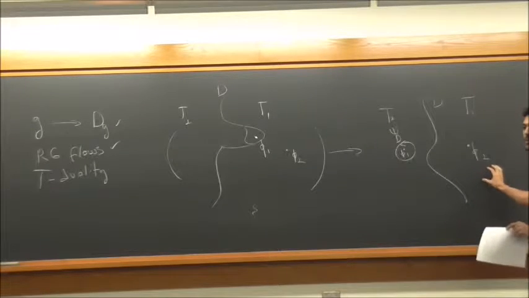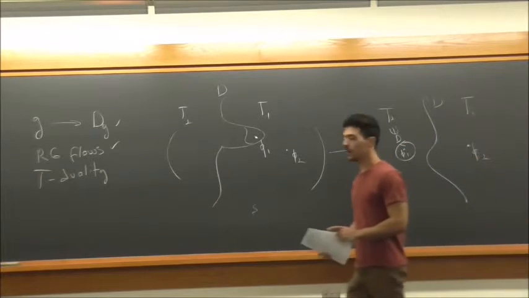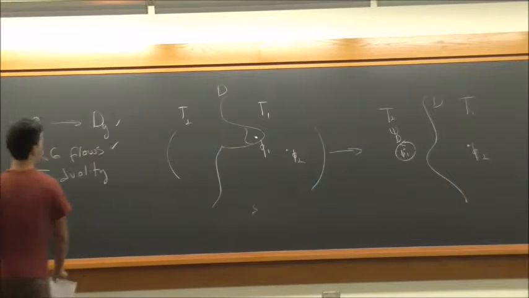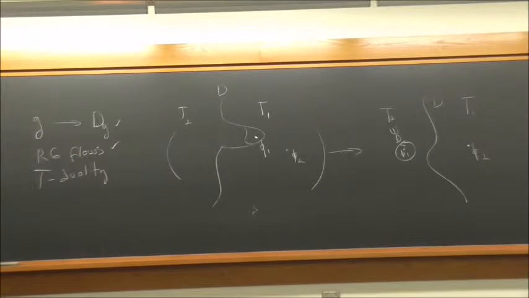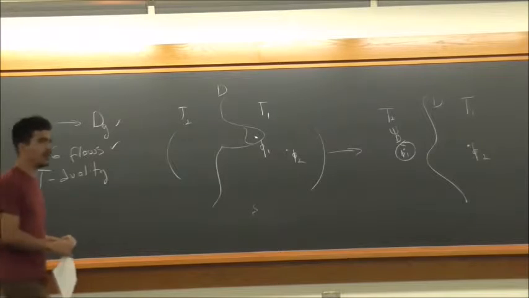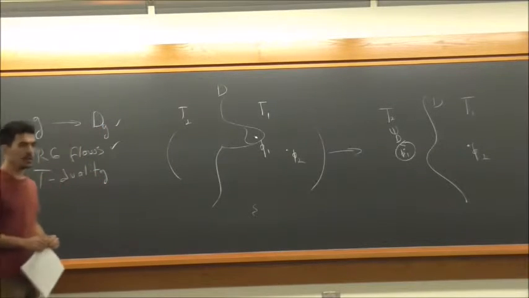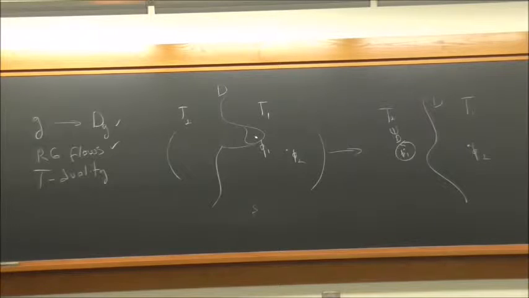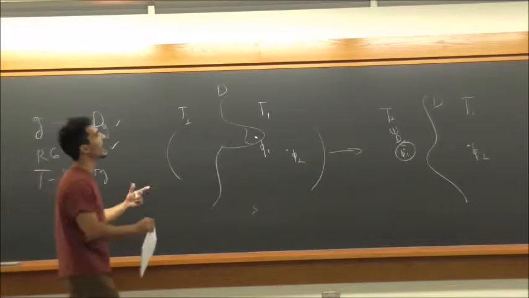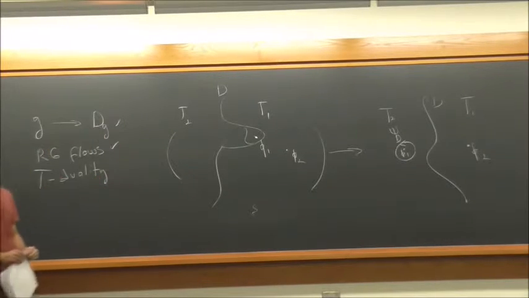Your correlator functions won't be affected. Basically, you're saying the defect between your two topological field theories already defines a map from the local operators of one theory to the local operators of the other. Correct. And that's what that picture shows you. That's right. And in the case we're going to talk about, we'll have a language for what these operators are.